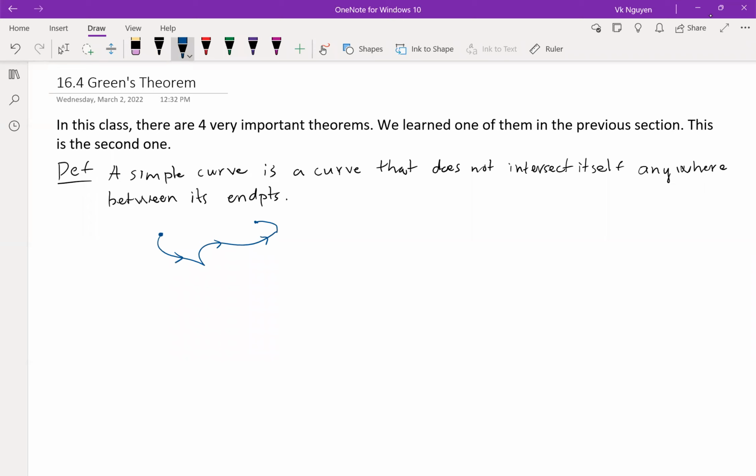This is simple, and we get into a little bit of topology here. This one, not simple.